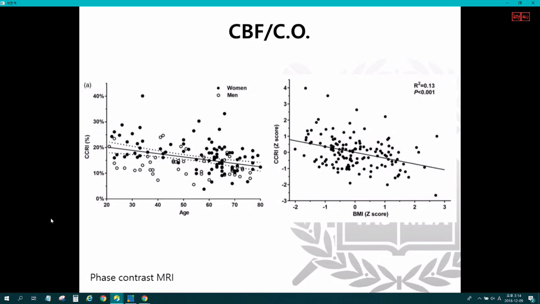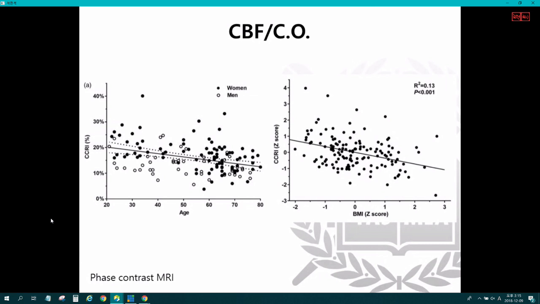Actually, we don't bother to know the blood flow of a person in their 20s. In their 20s, they are young and healthy. They don't come to our office. We, at the age of 50s and 60s, visit clinics to help us.